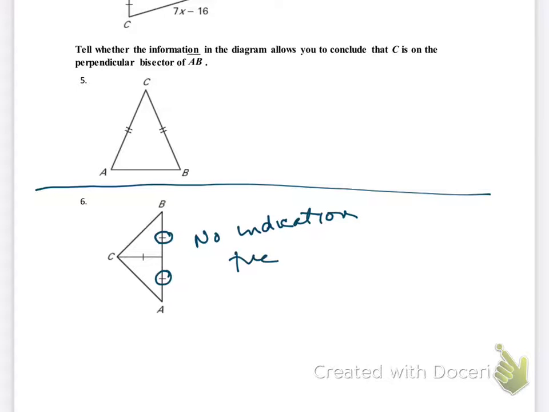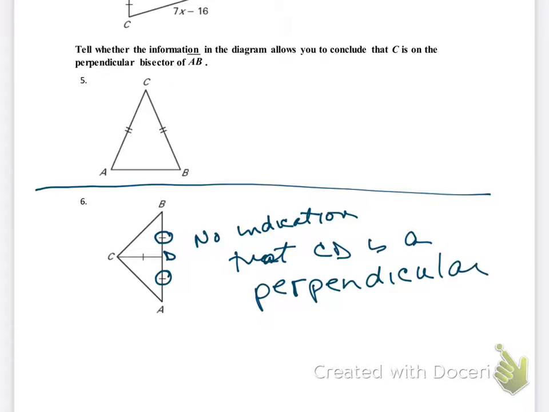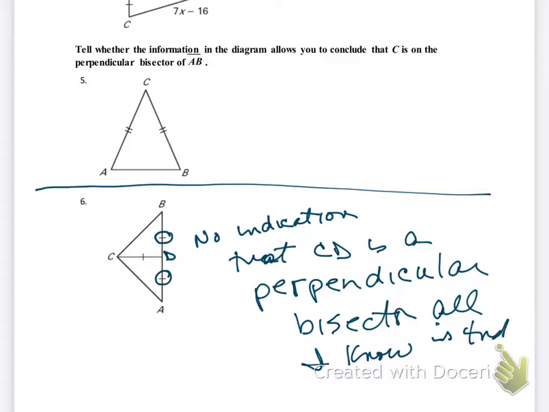that, and we'll give this a letter, that CD is a perpendicular bisector. Okay, so all I know is that CD is a bisector, just a plain old bisector.